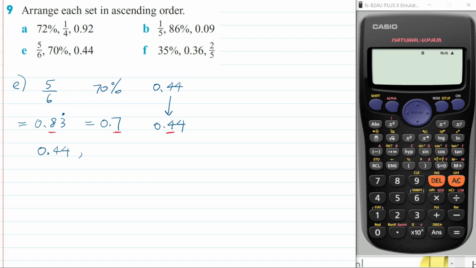Of the remaining two, which one has the smaller digit on the 10th place value? It's that one there. So that will be my next smallest number. The remaining one is 0.83. Okay? And so I'm going to write their corresponding numbers. So the answer is going to be 0.44, 70%, 5 over 6.